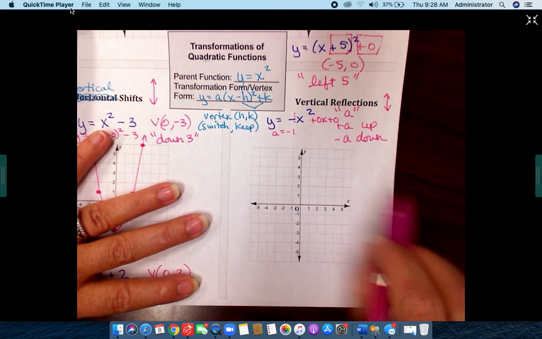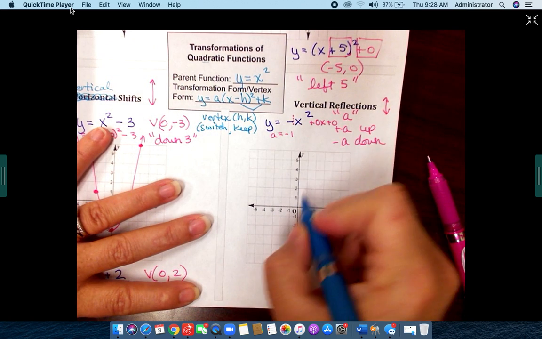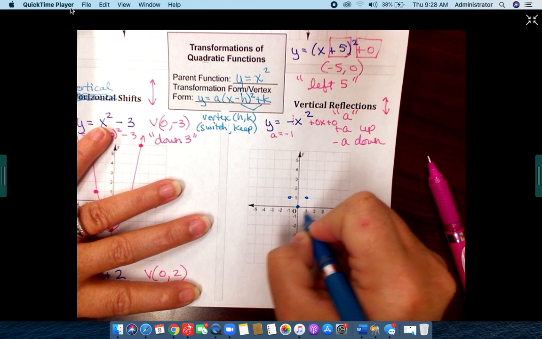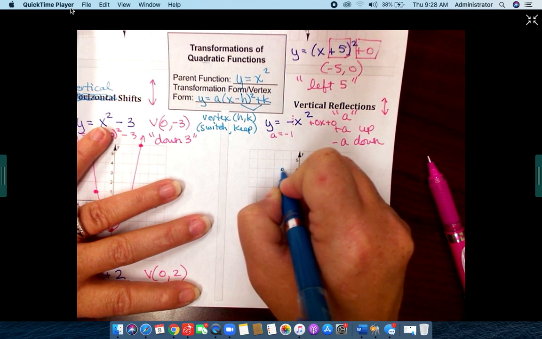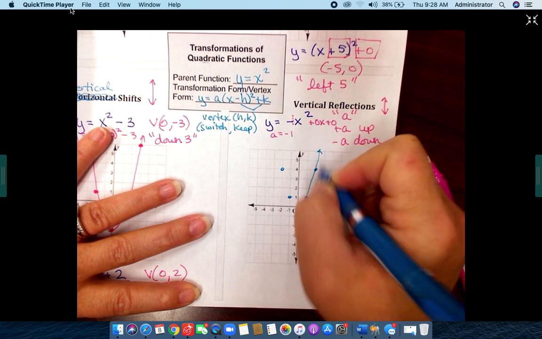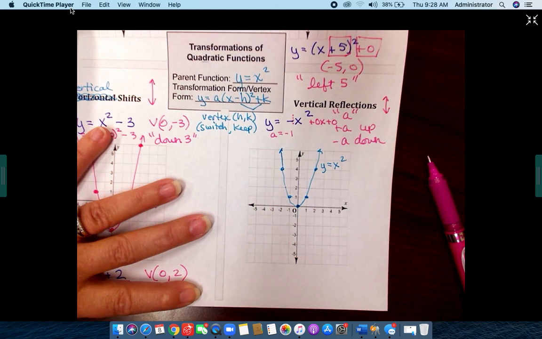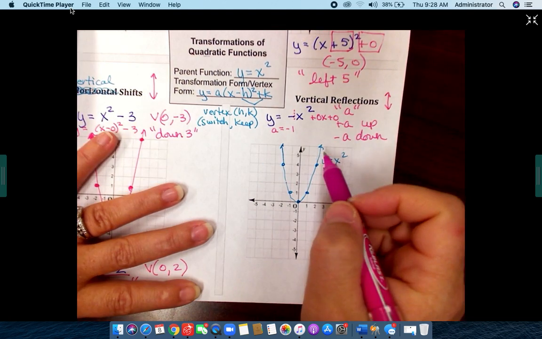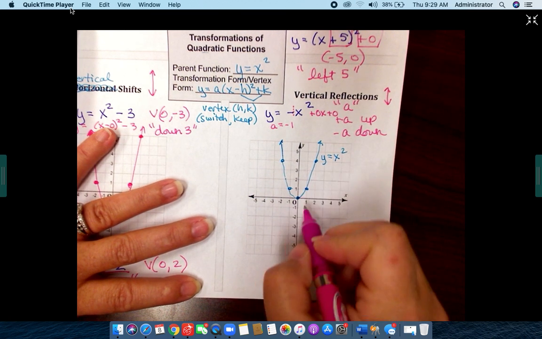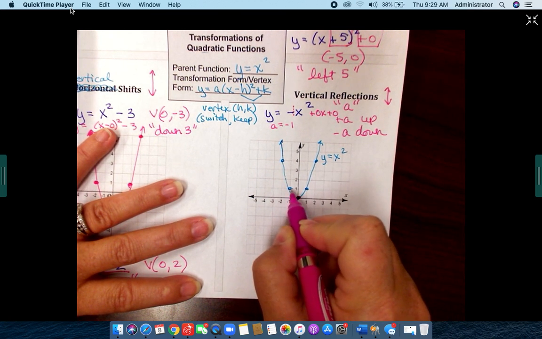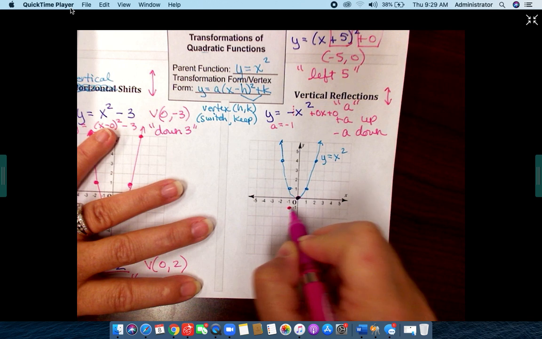So what that means is, and I'll do my original y equals x squared in blue. So (2, 4). So if this is y equals x squared, then y equals -x squared just means I'm going to flip it down. So I'm going to keep (0, 0). This (-1, 1) comes down to here.